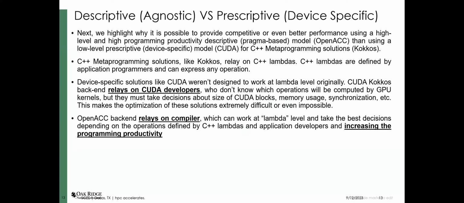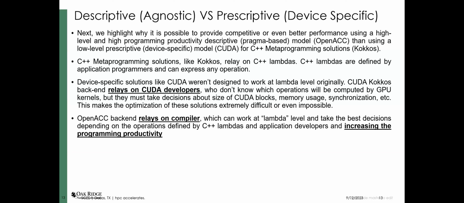But at the same time, I think that we can exploit that also at implementation level, not only at the user level. And this is an example of how things like OpenACC can help in that direction. I think that relying on compilers is better than relying on the decisions that a CUDA developer had to take, that in some cases maybe are not the best, depending on the operation that will be computed by the lambdas.